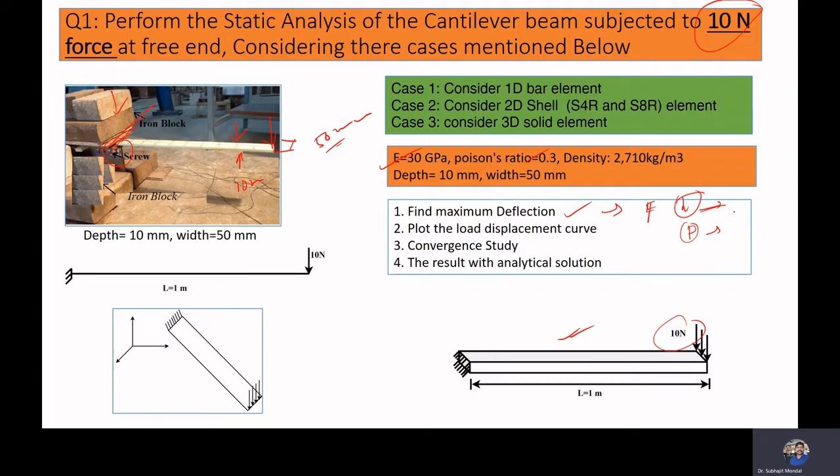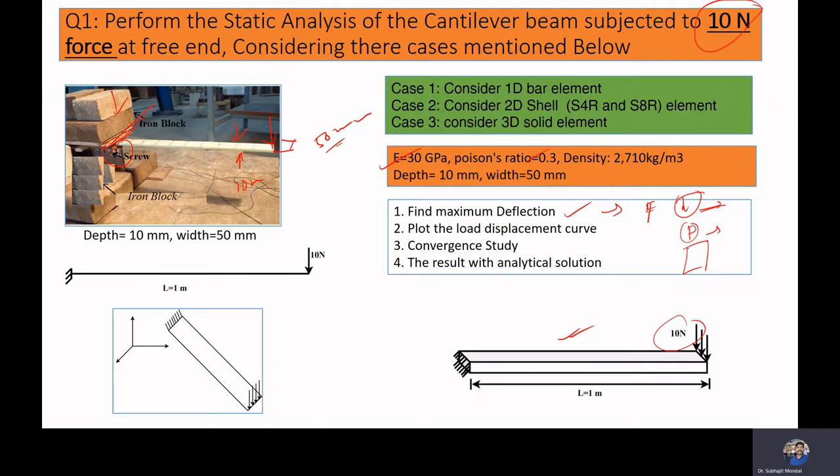In H convergence we increase the number of elements, and in P convergence we increase the polynomial, in the sense we increase the order of the element.